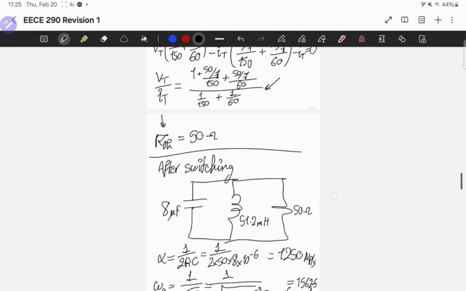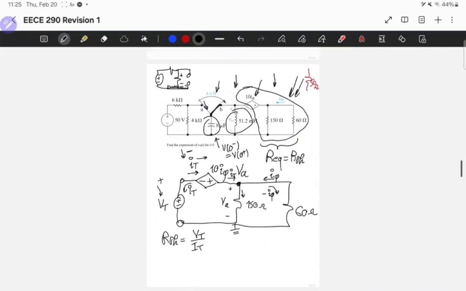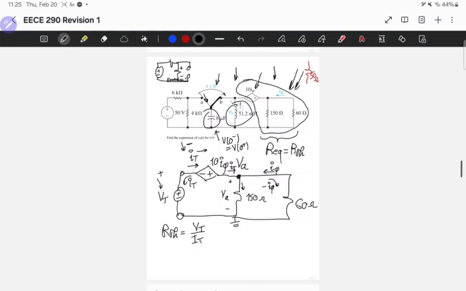One way to figure out IC, now if you notice here we have an open circuit before switching. We can't really do this analysis because the current in the capacitor is not continuous. So I can't find the initial current in the capacitor from analyzing at time equals 0 minus before switching. The current that is continuous is that of the inductor in here, right?